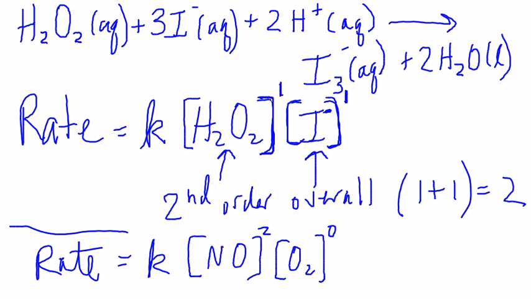What this tells us is the reaction is second order with respect to the nitric oxide, 0 order with respect to the O2, and because 2 plus 0 is 2, it is second order overall. The 0 here means that even though O2 is a reactant, the reaction is independent of that reactant's concentration because the exponent is a 0.